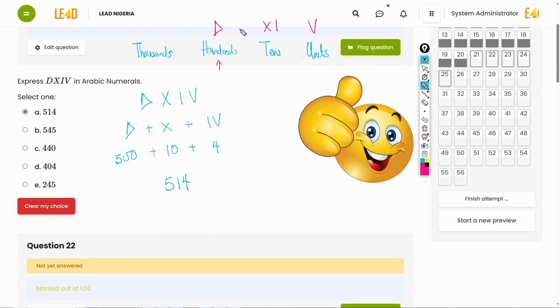This is where it gets dangerous, because if one makes this mistake and puts XI with tens, then you would have 500 plus 11 plus 5. That would be 516 when you add them up, and that would have been wrong. So when you're grouping them, you must follow the same pattern of the expanded form, thousands, hundreds, tens, units, in spreading it out.